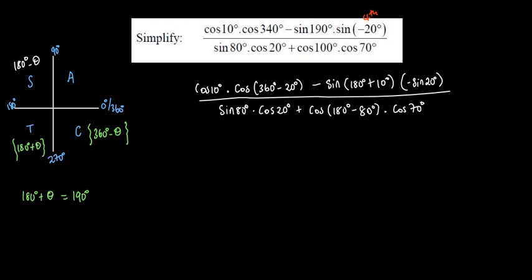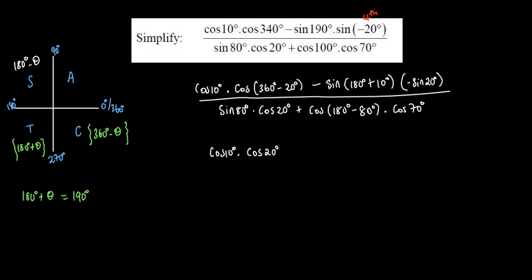So we just have to apply this to see what is happening, right? For example, cos 10, we can simply write it as it is. And then cos of 360 minus, remember 360 minus is in the fourth quadrant where cos is positive. So you have cos 20 degrees there. And then sine of 180 plus 10.